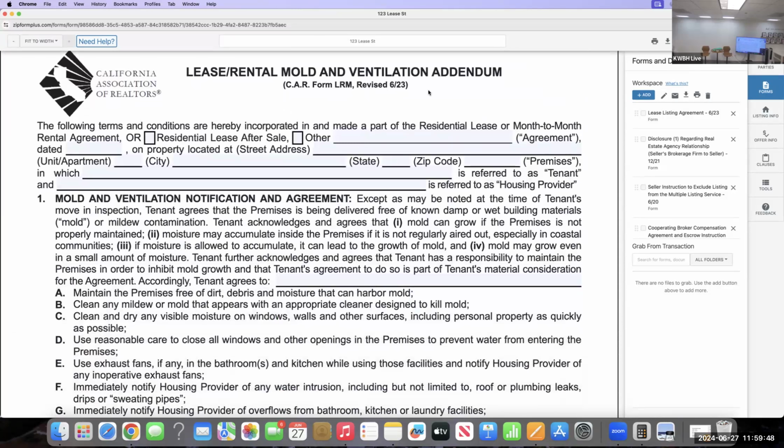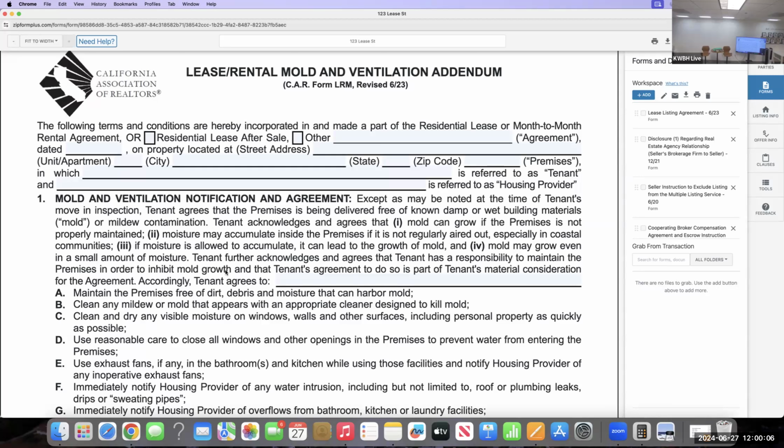Lease rental mold. The mold ventilation addendum is just saying that mold exists. Mold is everywhere. So that's what it's saying. Mold exists. Mold can grow if the premises is not properly maintained. Moisture may accumulate.